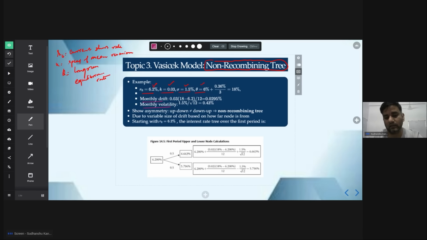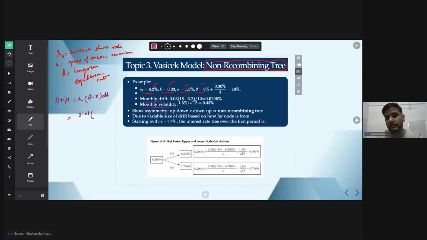If you look at the drift part, the drift is equal to what? K theta minus r, times dt, right? K was 0.03.